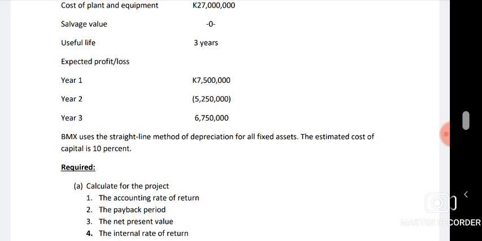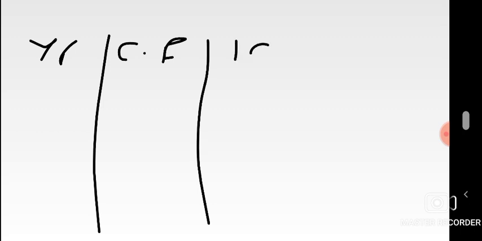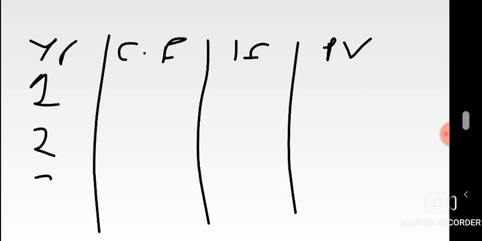That's why they use that rate to discount. So we'll use 10%. When you're looking at the net present value, the best is to create another table. These things help to find the present value of all your cash flows, and thereafter life is made easier. So year 1, year 2, and year 3.